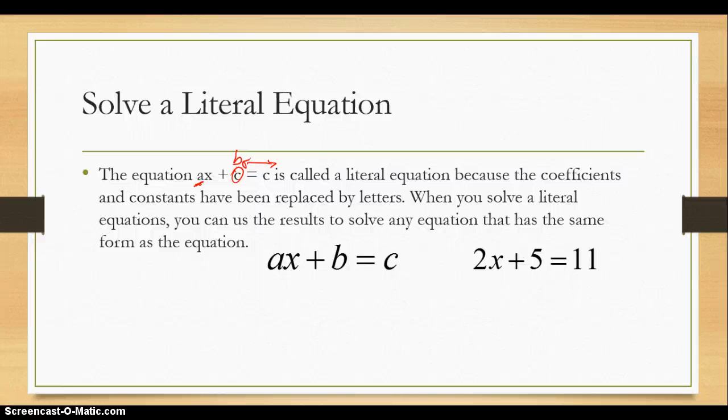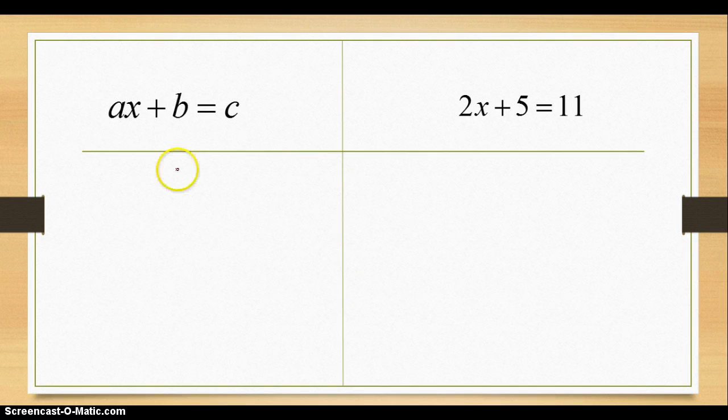You kind of see what I'm talking about here. So we have this equation down here, ax plus b equals c, and the first thing I'm going to have you do is solve for x. I created a little box here with columns and rows, so we're going to solve for x on the top one.